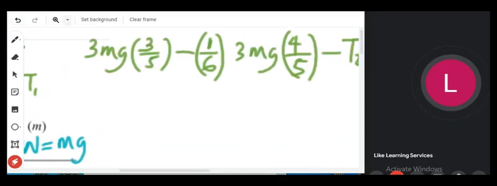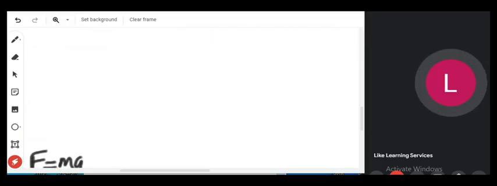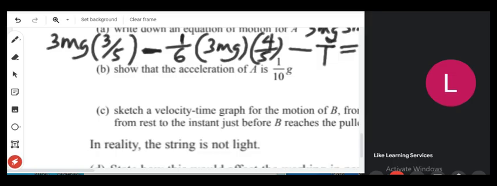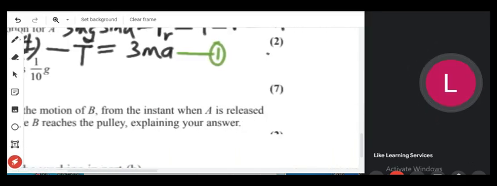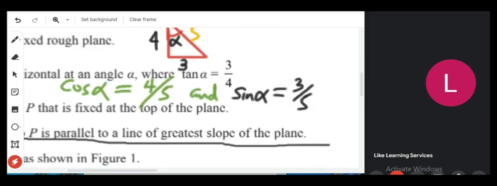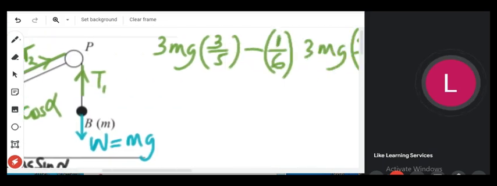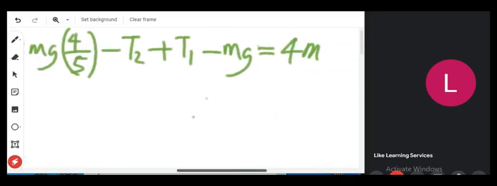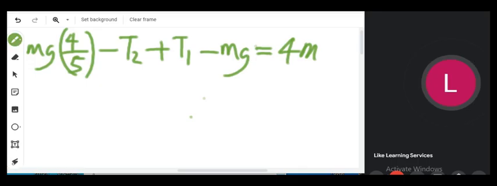We need to simplify because the question requires us to show that the acceleration is 1/10 g. Oh, that's 4ma, by the way, because the total mass is 4m.